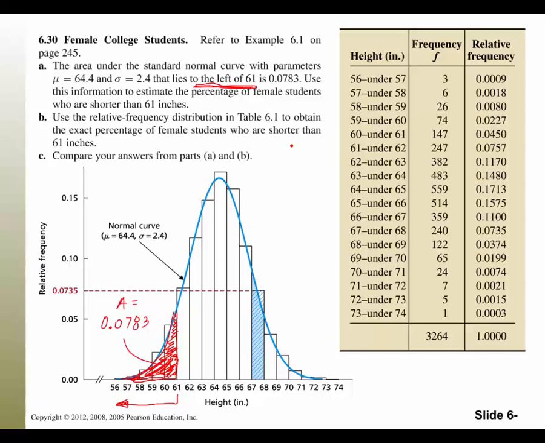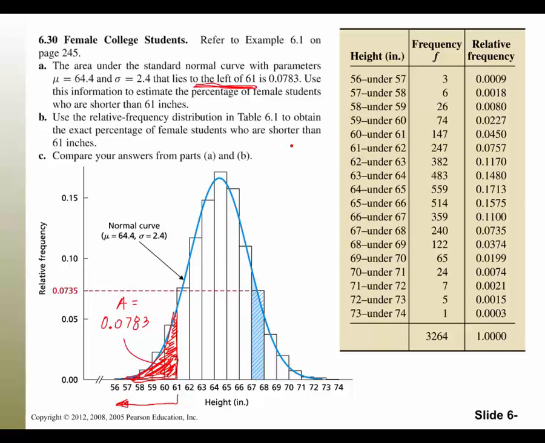It says use this information to estimate the percentage of students who are shorter than 61 inches. 7.83%. What do you think? Yeah, that's what we just said, that the area under the curve between certain values of the variable is the relative frequency that the data is in that range. Remember, because we took 1 times that other one, 0.0735, and that's the area of that rectangle.